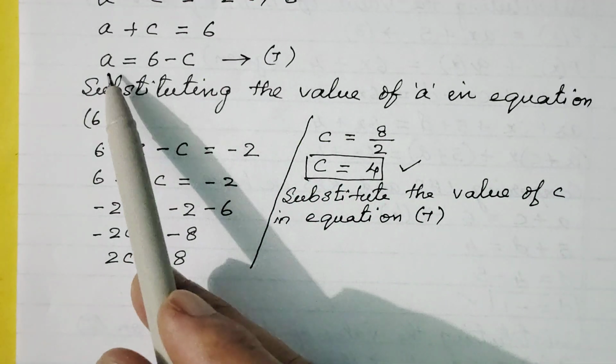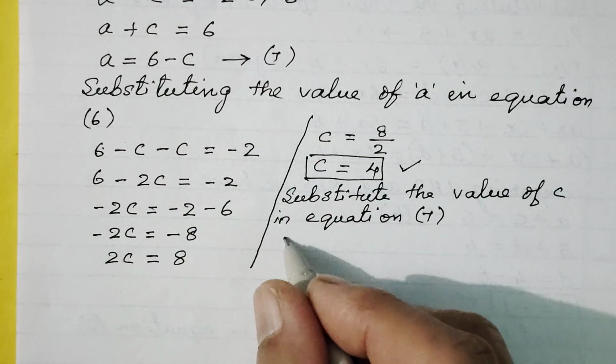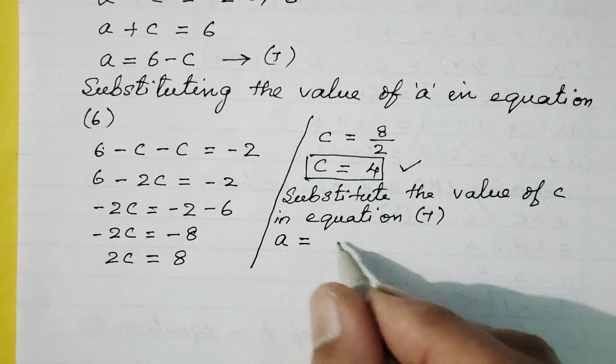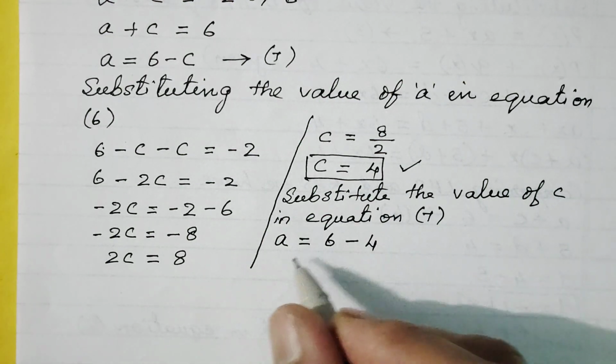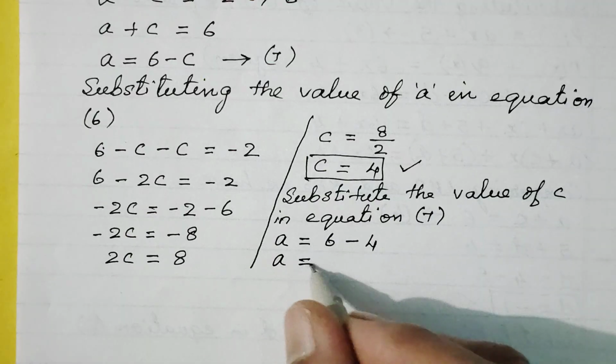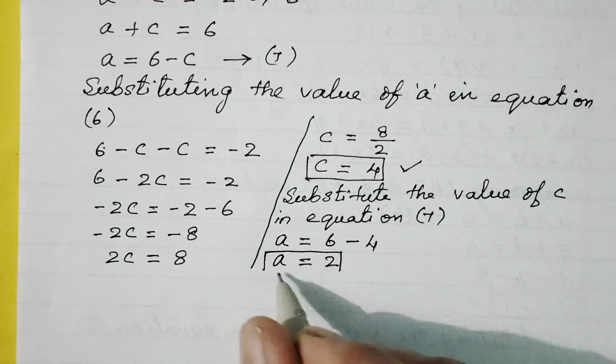So 7 is a is equal to 6 minus c. So a will be equal to 6 minus 4. So a will be equal to 2. So I got the value of a here.